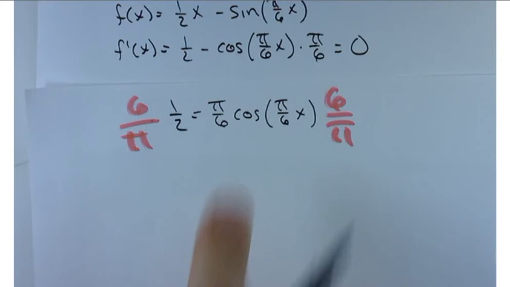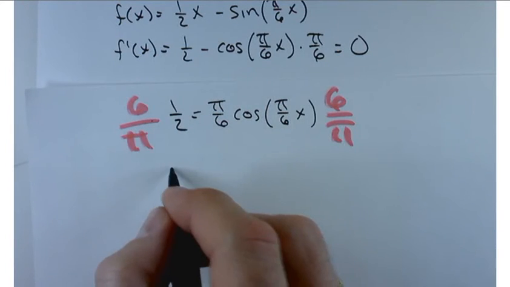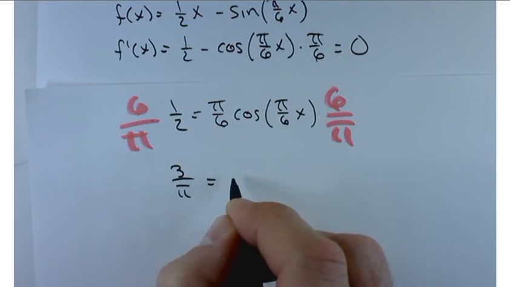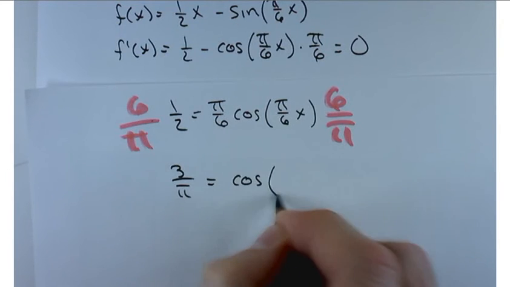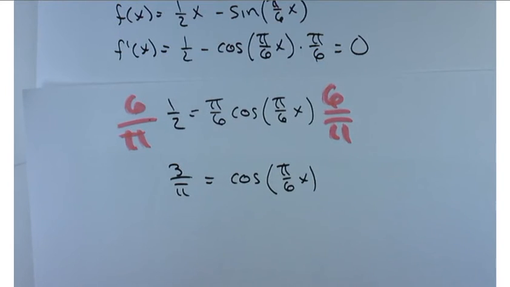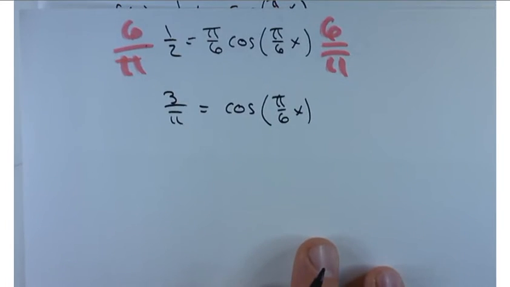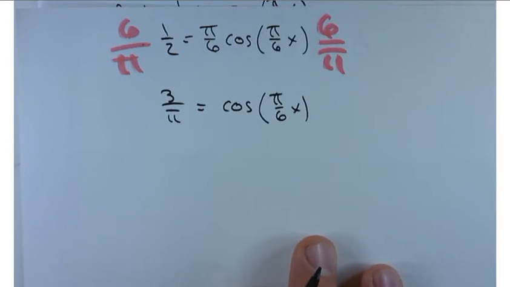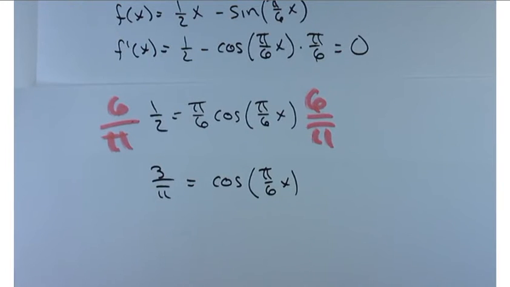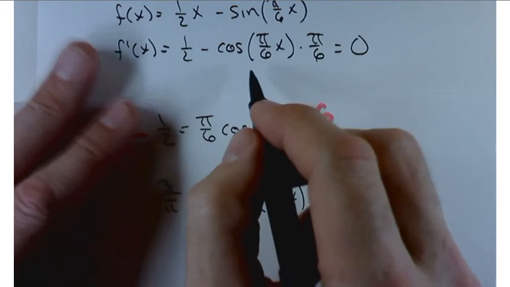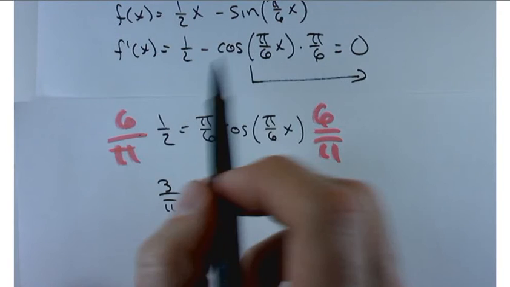I'm left with really 3 over pi equals cosine of pi over 6 times x. Good question. I moved that term to the other side, and when it switched sides, it became positive. But thank you. It is positive.